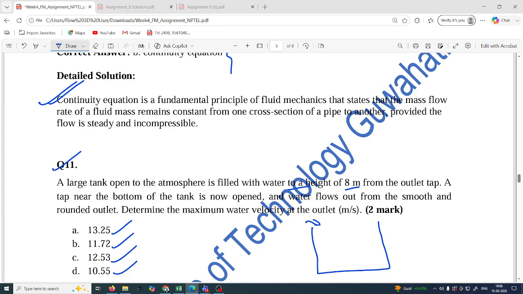Here you have filled 8 meter already, so this height is 8 meter. A tap near the bottom of the tank is now opened. So here you have one tap.